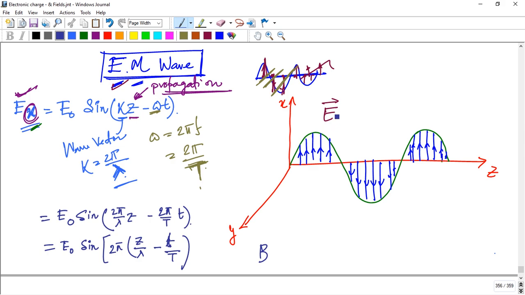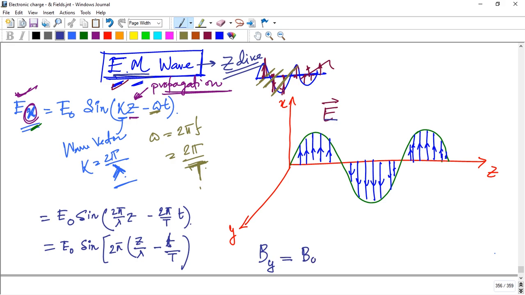So if the electric field particle vibrates in the x direction, the magnetic field vibrates in the y direction, plus y and minus y, and the EM wave propagates in the z direction.